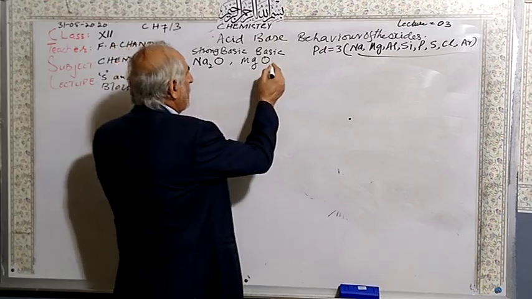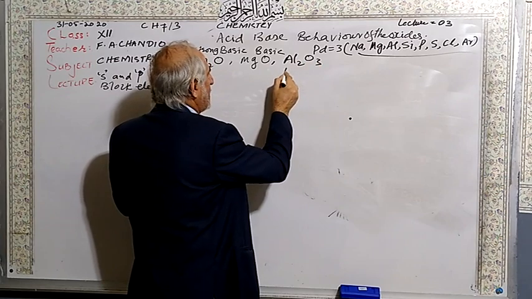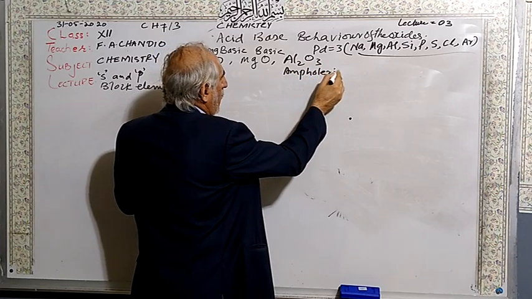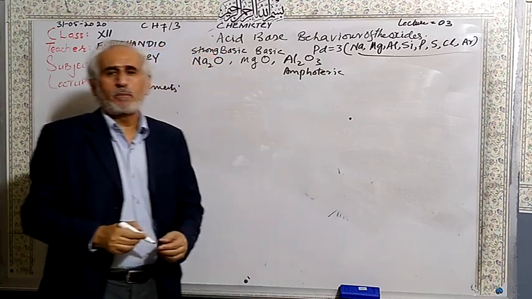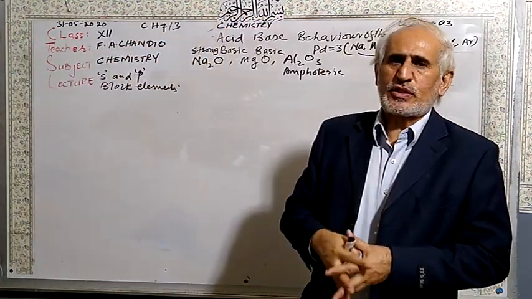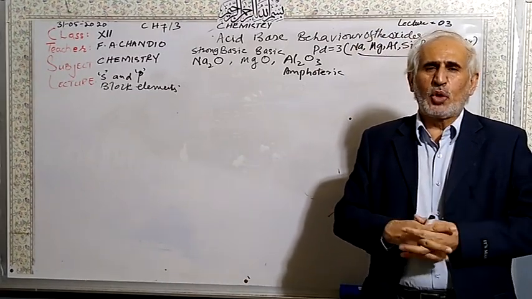So when we reach aluminum oxide, this is amphoteric nature. Amphoteric substances are those which dissolve to make acidic or basic, both.